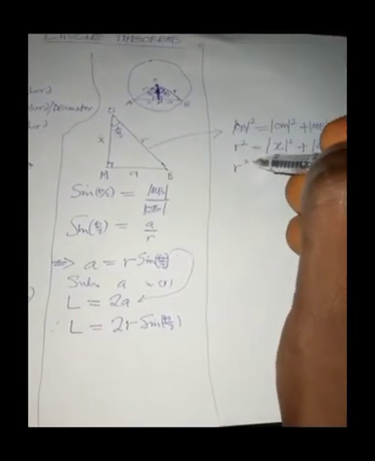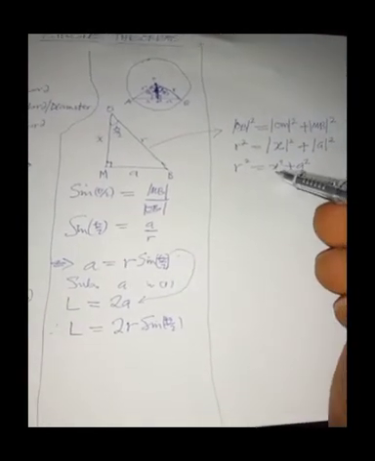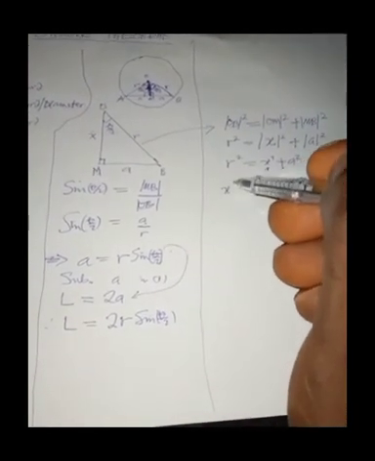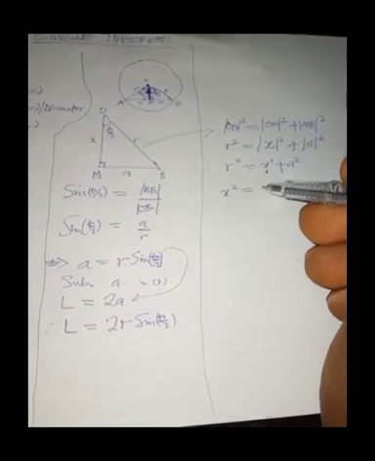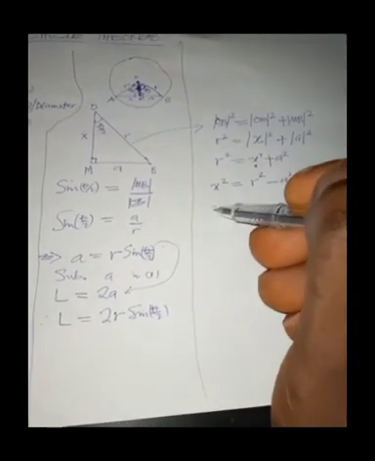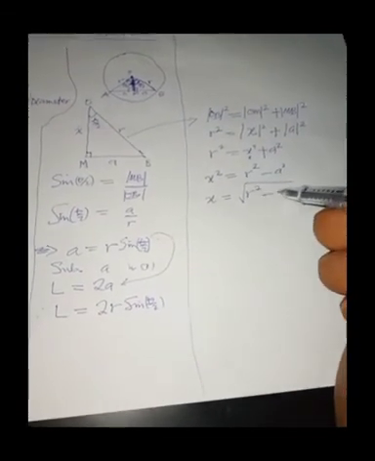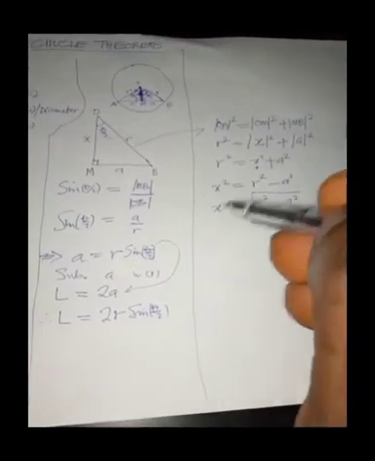So we have R square equals S square plus A square. If you make S the subject of the formula, we have S square equals R square minus A square. So S equals the square root of R squared minus A squared.